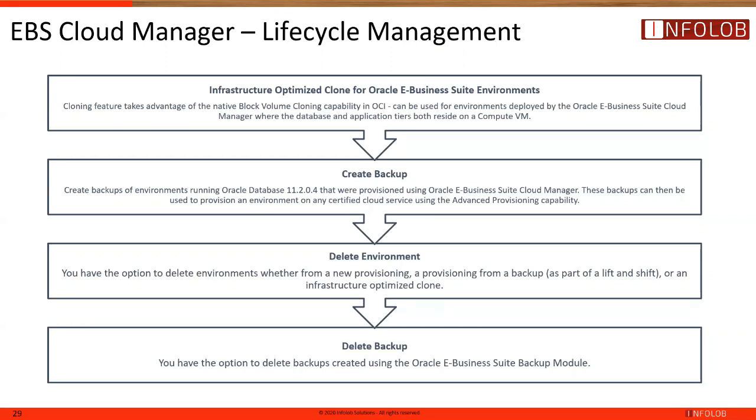You have an option to create your own backups and use them to re-provision equal environments within the EBS Cloud Manager. Deleting the environment automatically deletes all the associated components targeted to the instance. Maintaining this lifecycle within your current data center model could be a hassle.